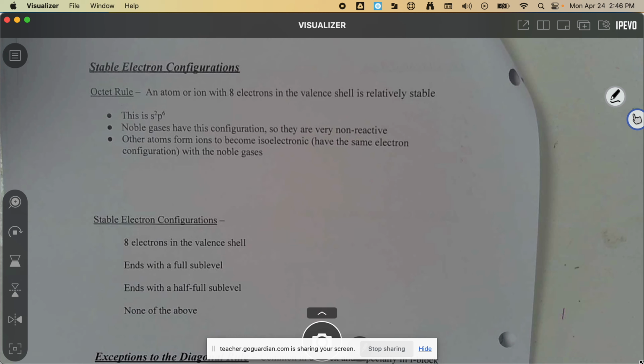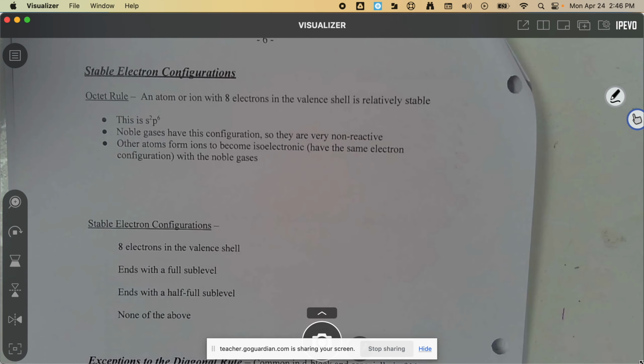And then there were a couple things that didn't really come up as part of digital learning. The octet rule is the rule that says that an atom or ion with 8 electrons in the valence shell is relatively stable. Essentially, your main group elements ionize in order to give an s2p6 configuration at the end of the electron configuration.